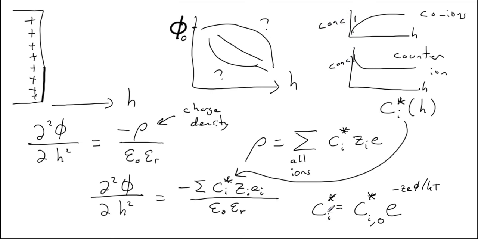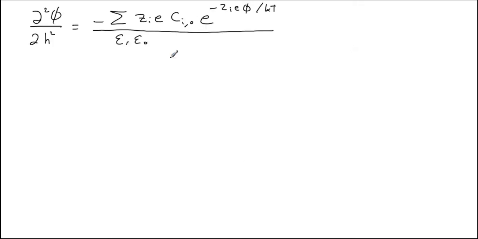Okay, so all we have to do now is put this expression for the ion concentration in here, and then solve the differential equation. So let's write that out. We have a differential equation where we have the second derivative of the potential with respect to distance from the interface.